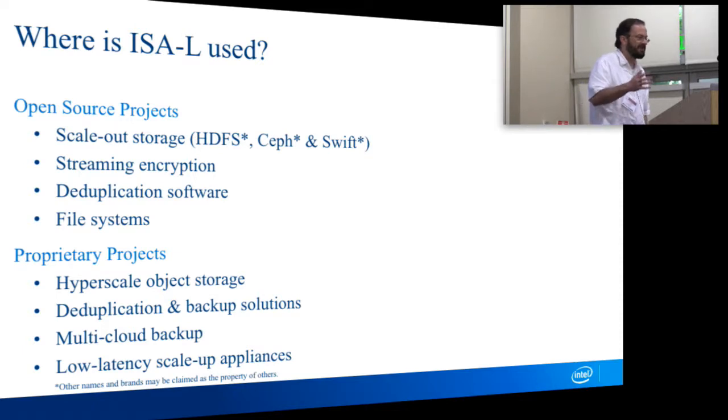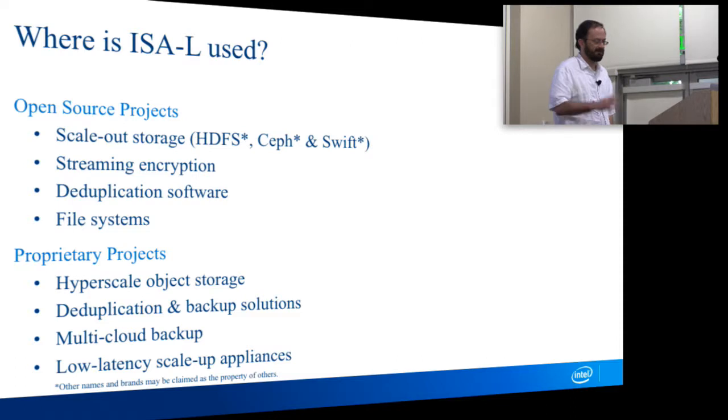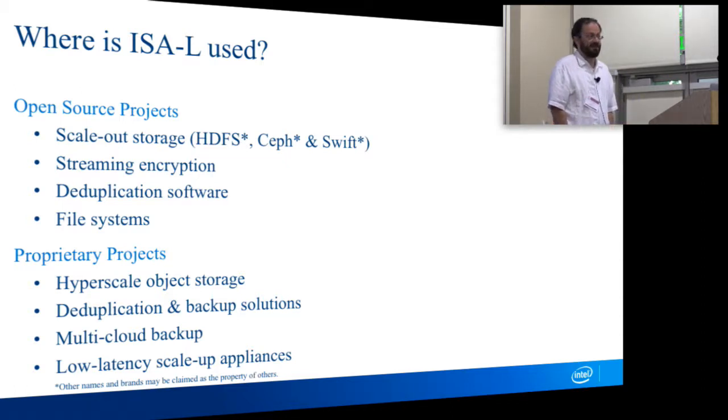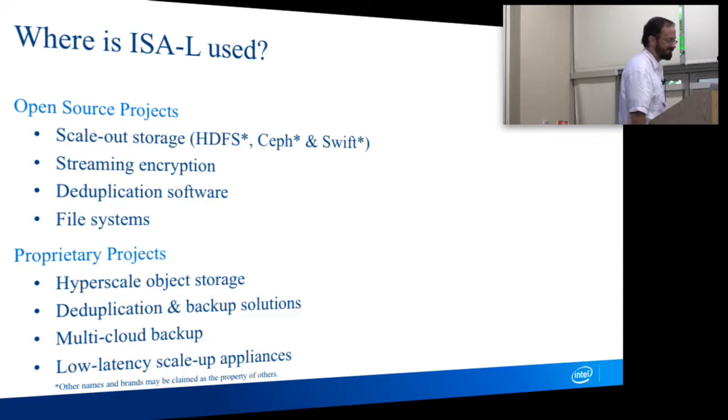Streaming encryption ones: Netflix has a paper where they talked about using ISA-L functions. So if you're using Netflix, you're already using ISA-L, I guess. Other dedup and file systems, distributed file systems, enterprise file systems, and a whole lot of other proprietary projects. And because we're under a flexible BSD license, you can do open source projects or integrate into your proprietary projects.